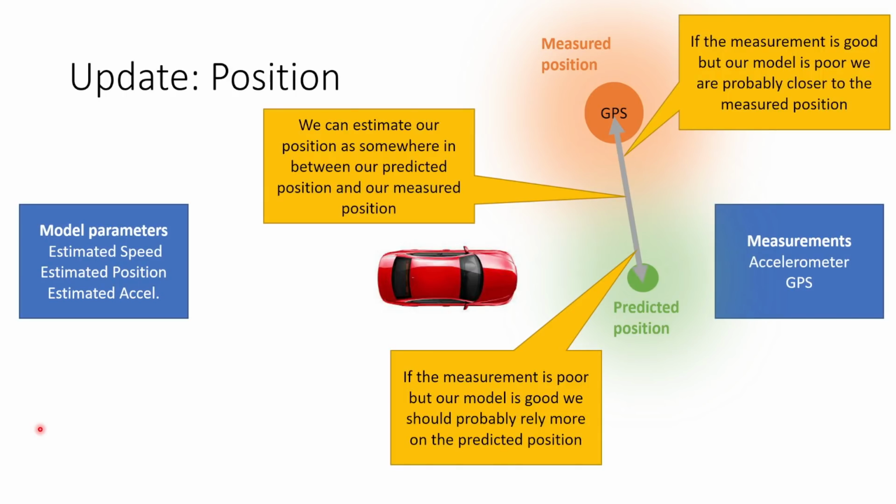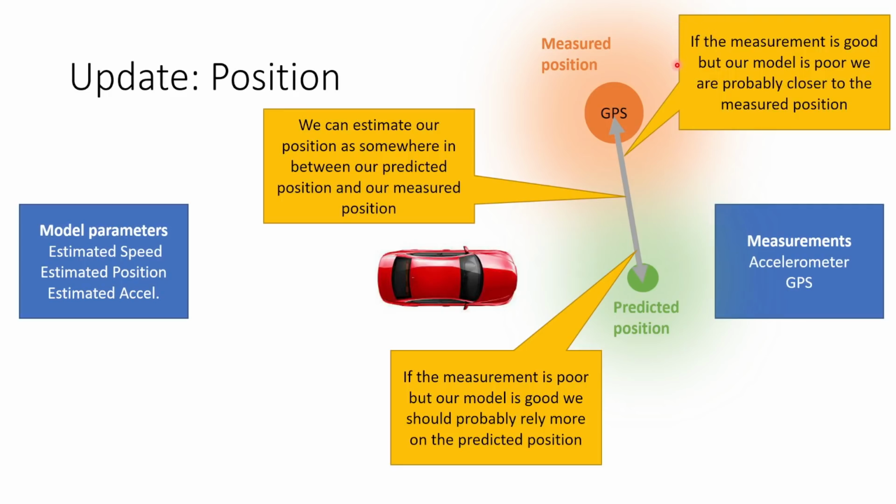Let's use the position of the car as an example, because this all works the same mathematically for all the parameters. So we can just look at one parameter to understand how the process works, and then that process is what's being applied to all the parameters. So we can estimate our position as being somewhere in between our predicted position and our measured position, somewhere along this grey line here.